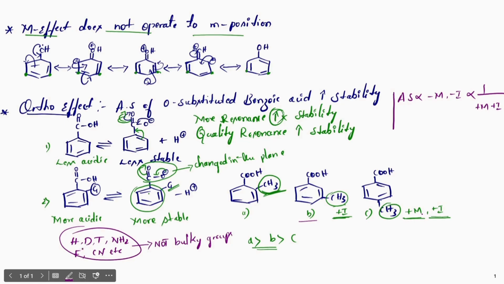At ortho position, if H, D, T, NH2, fluorine and CN are attached, they are not considered as bulky groups. Any groups other than these attached to the ortho position are considered as bulky groups. Okay, we will move to next.